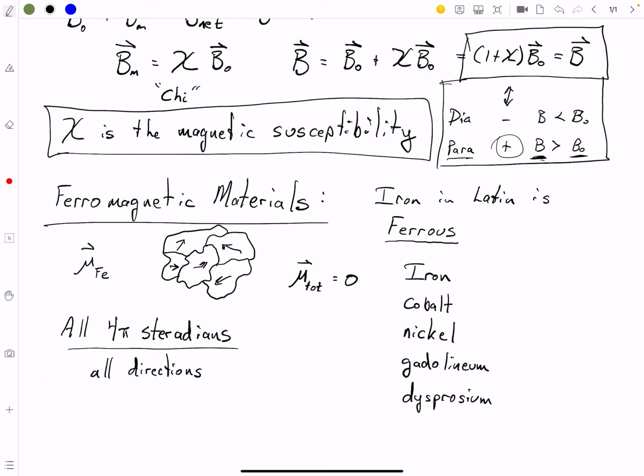Okay. Iron, 26 protons, and it has an electron configuration 3d6 and 4s2. Cobalt, 27, and 3d7, 4s2. Nickel, 28, 3d8, 4s2.